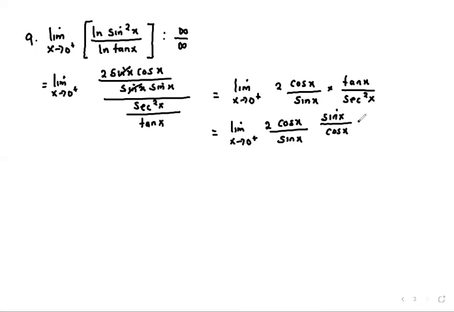And then since we are multiplying by 1 over sec squared, and sec squared is 1 over cos squared, that cos squared is going to be in the numerator here, over 1, if you like. So we have this and this one cancelling, this and this one cancelling. So we have the limit as x goes to 0 plus of 2 cos squared x. And then now you can substitute where it's x, you put a 0, so you get 2 as the limit there.